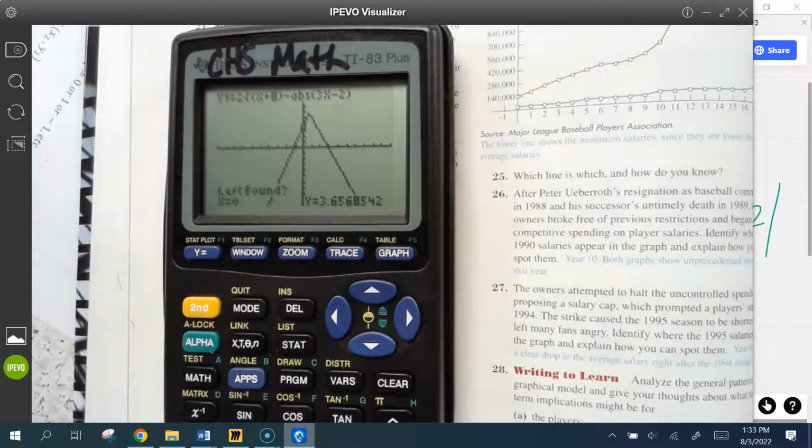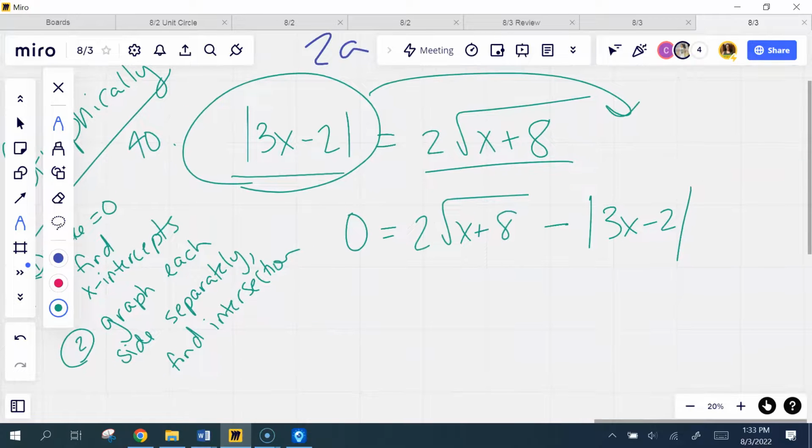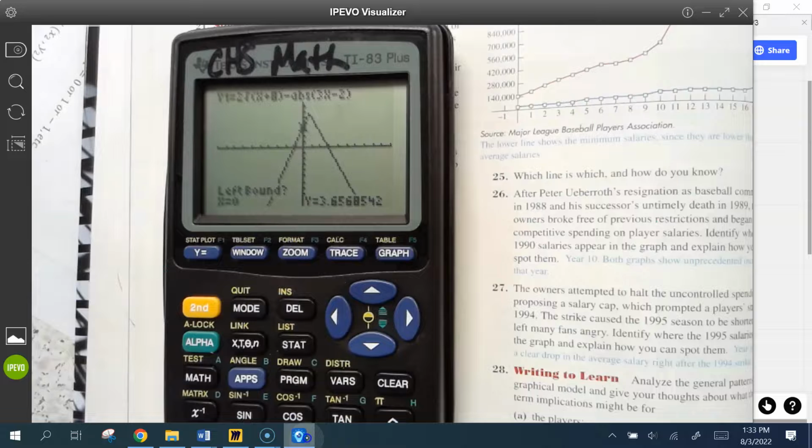You don't know where we are? So in the notes, is that what you said? This is actually number 40 in your homework. We're solving this. Did you put this in the equation? You put the equation in. Hit zoom 6. Now hit, you what? Did you subtract the absolute value?